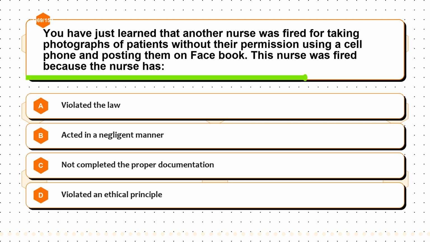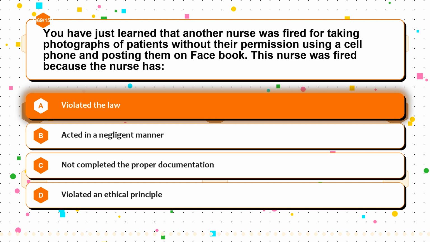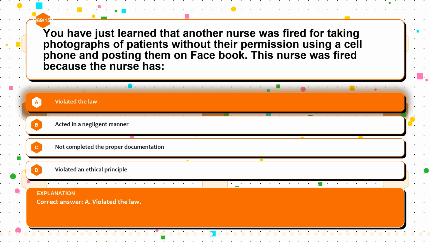Option C, not completed the proper documentation. Option D, violated an ethical principle. The correct answer is option A, violated the law. Correct answer, A. Violated the law.